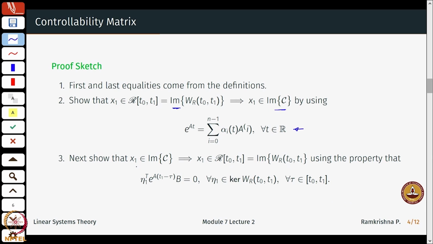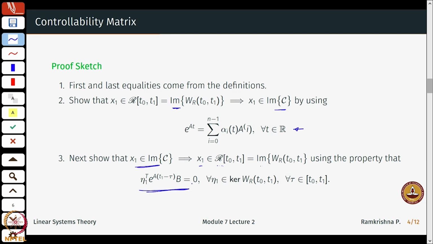Next, we will show that if x 1 is in the image of C, this will actually mean that x 1 is also in the reachable set of the system, or R is also equal to the image of W R. Again, we use a property like this.